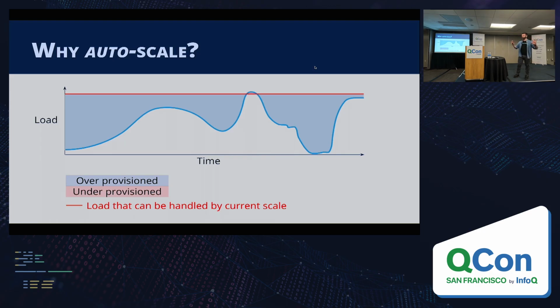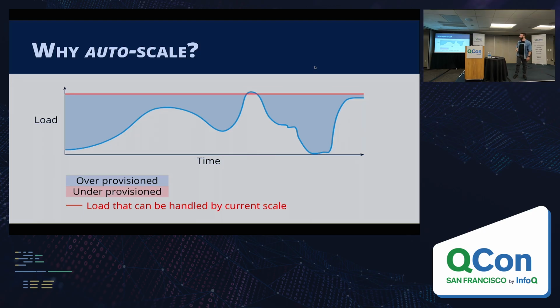Kind of leave it vague that way. Over-provisioned is blue, and under-provisioned is the red over there. If we said the max load is going to be X, and we should just provision for there, and we'll have that many nodes, the problem would be that we're wasting money.